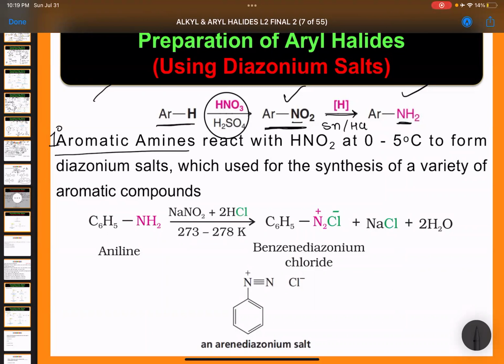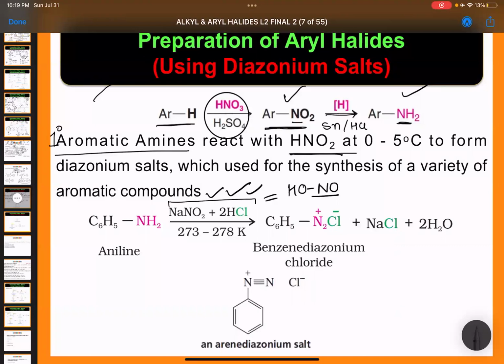It reacts with NaNO2 plus HCl. NaNO2 plus HCl or HNO2 is one and the same thing. This is nitrous acid, which is not there in the lab, so you need to create it by taking NaNO2 plus HCl. It is the same as HNO2, nitrous acid.